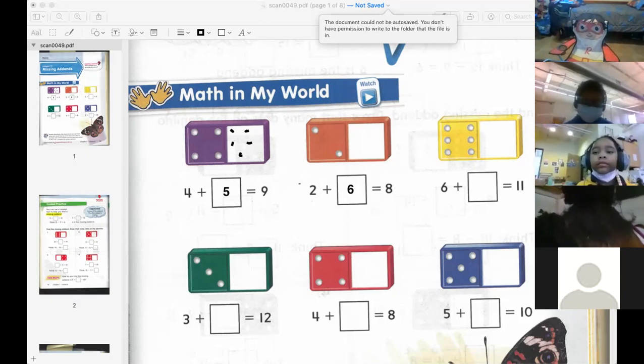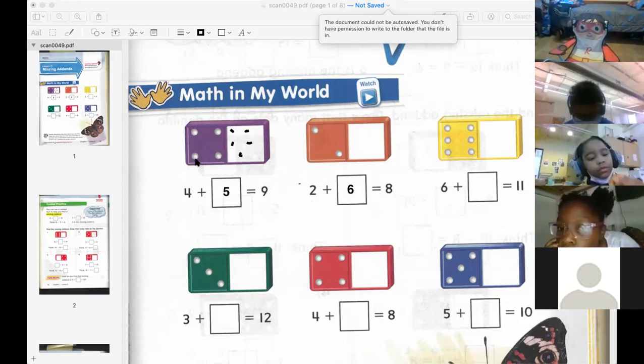So remember, we can say 11 minus 6 will give us the answer, or we can count up from 6 until we get to 11.